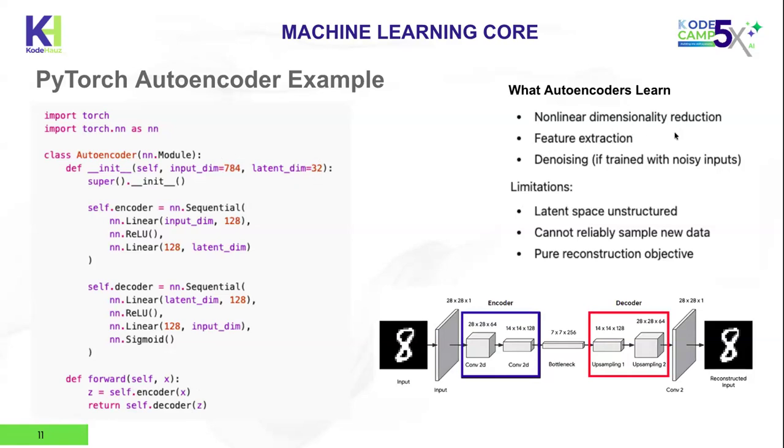It learns feature extraction, because it basically learns to extract the most critical features. If you are moving from a dimension of 784 to 32, you are going to end up with the 32 most important features.